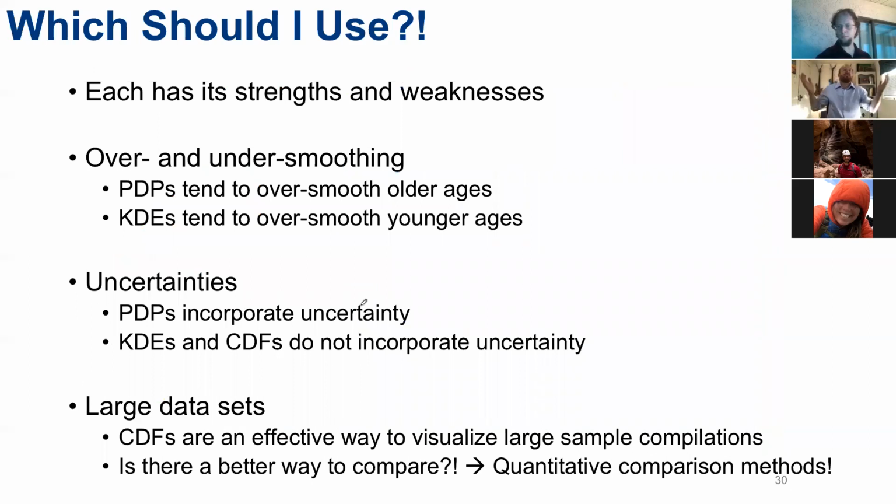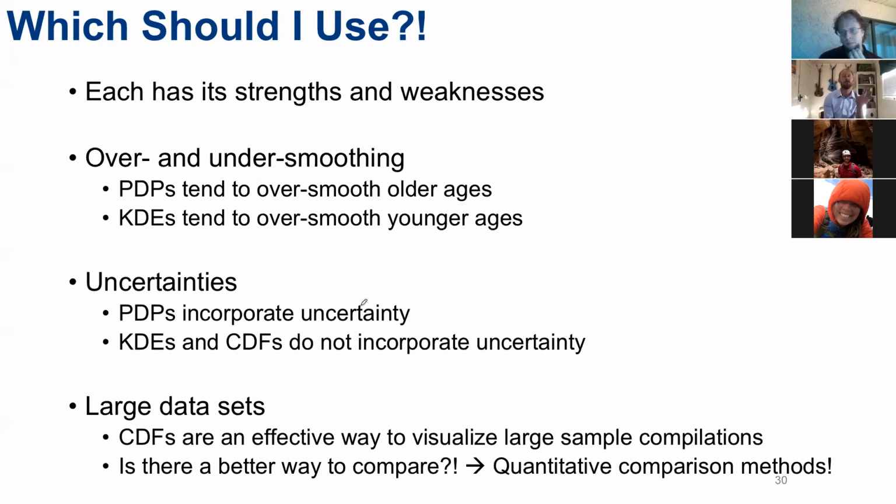So what to do, right? What should I use? Hopefully I've made it somewhat clear that each of these different types of visualization techniques or methods has its strengths and weaknesses. Probability density plots, kernel density estimates, it's pick your poison, right? PDPs tend to oversmooth the older ages, but they have spiky young ones, whereas KDEs are the exact opposite.